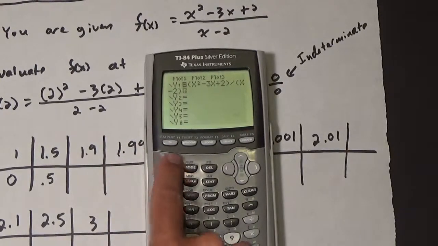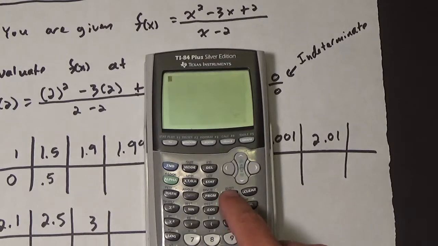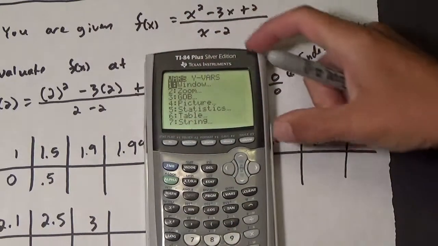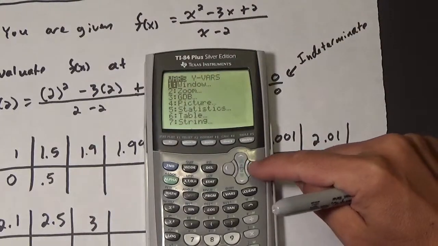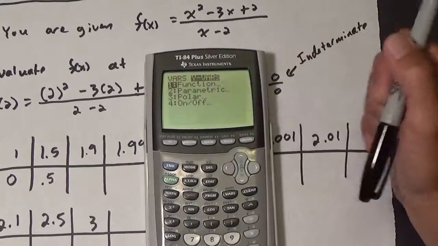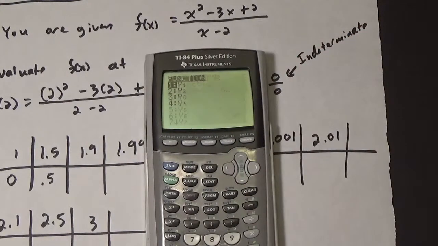Alright, now I'm going to hit second quit. Now here's where it gets pretty neat. Now you have to kind of watch how I get there. I'm going to hit the vars button, V-A-R-S. Now up here I have vars and y-vars, so I want y-vars, so I'm going to arrow over to get to y-vars. And then notice we have function, parametric, polar, and so forth, where we want a function, so I'm going to hit enter for 1.